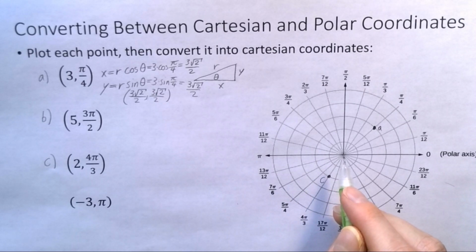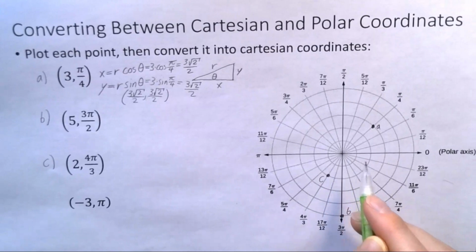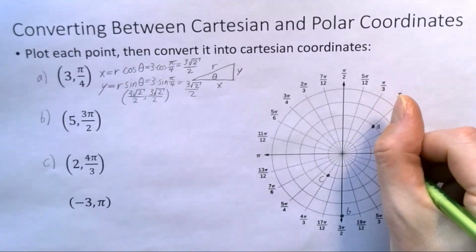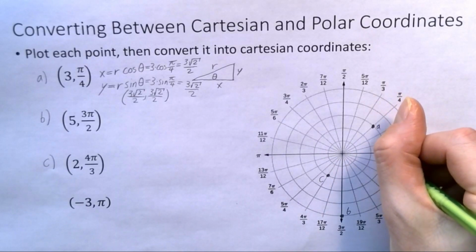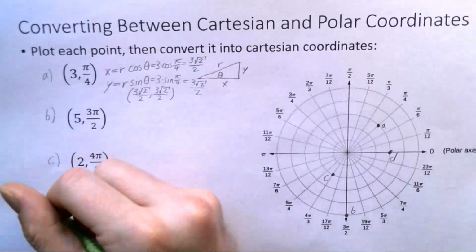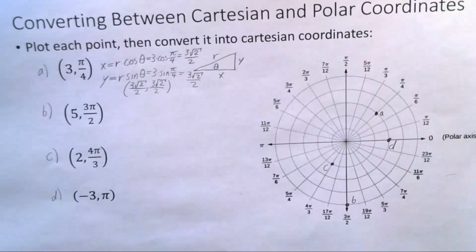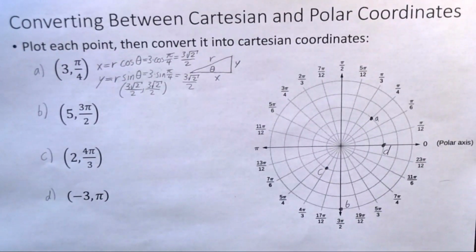So we are going to go away from pi and instead go to the right by 3, meaning 1, 2, 3, and this ends up being the point for (negative 3, pi), as instead of going towards the angle value, we went in the opposite direction.